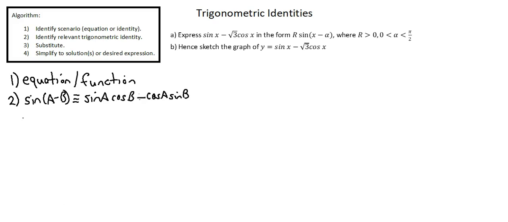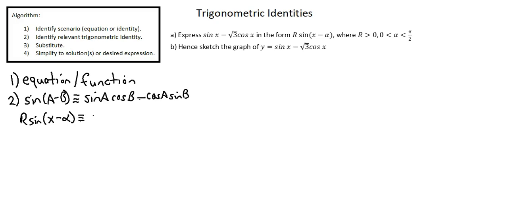Now, before moving to step 3, I want to make some adjustments to my trigonometric identity. Notice in the requirements that we have a coefficient or a multiple of r for sine of x minus alpha. So we'll show that r, and we'll replace the A and B with x and alpha.